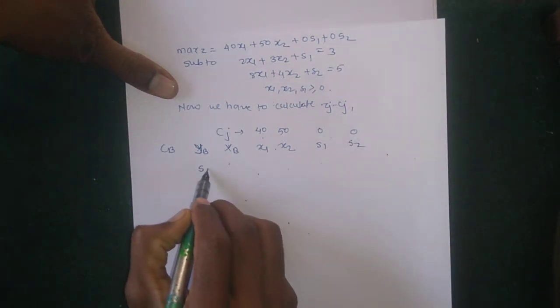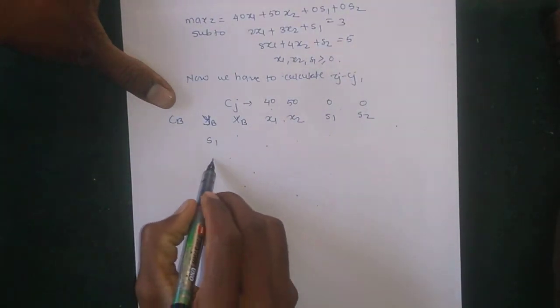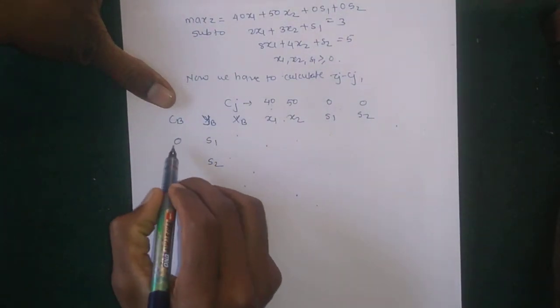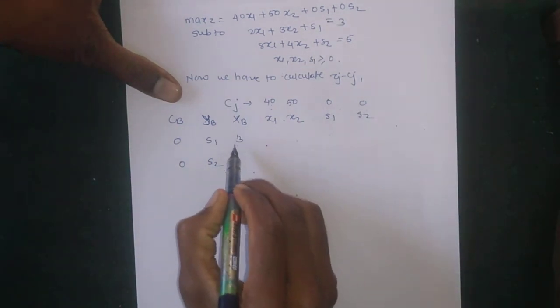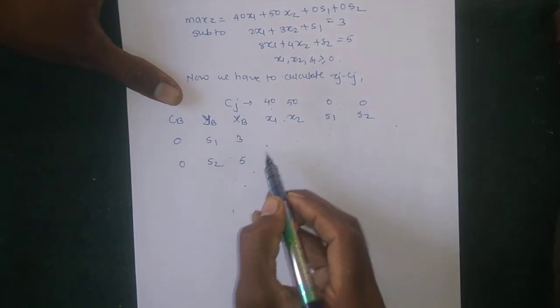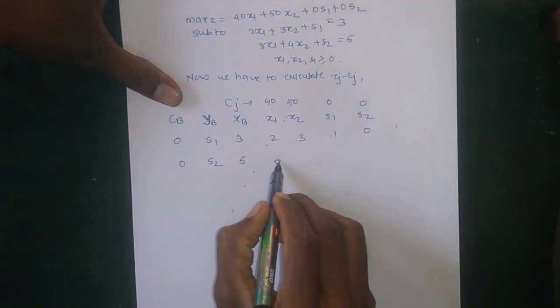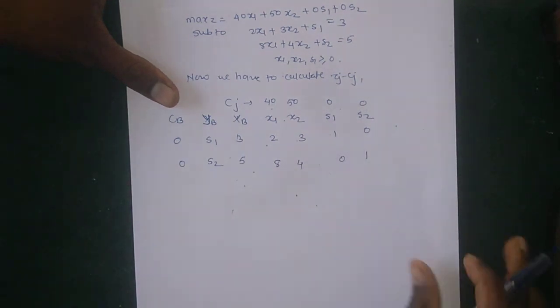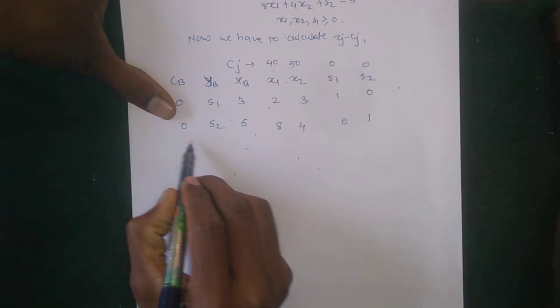In the basis, directly in the first simplex table, we write the slack variables s1 and s2, whose cost is 0. Then the RHS of constraints and the coefficients: 2 3 1 0, then 8 4 0 1. Now find their Zj minus Cj.